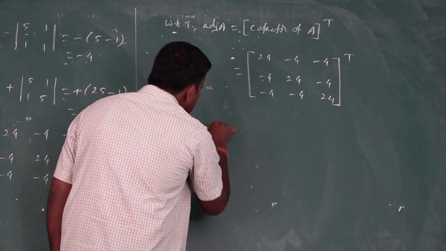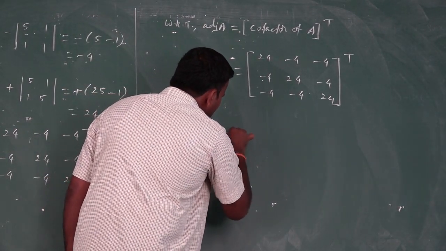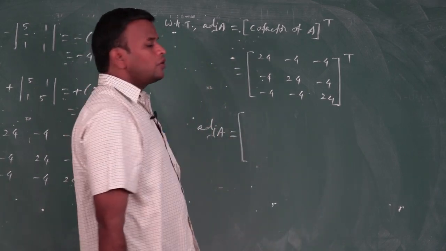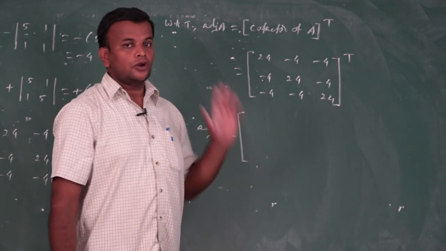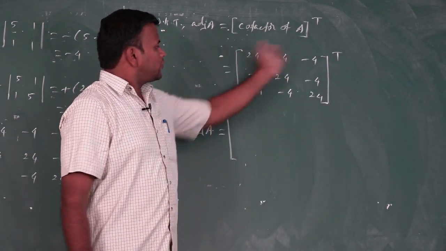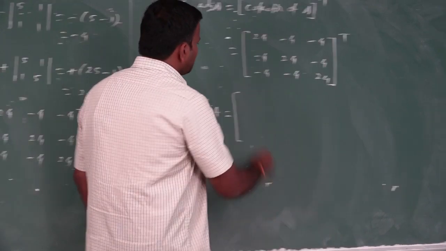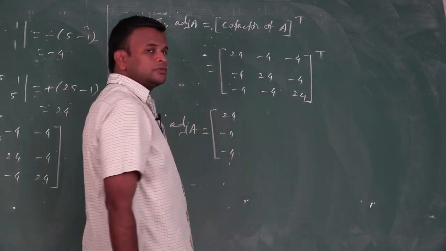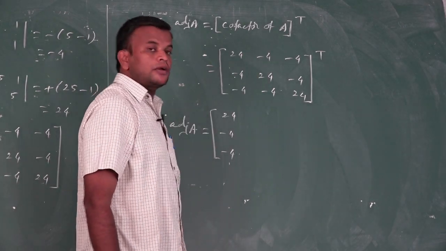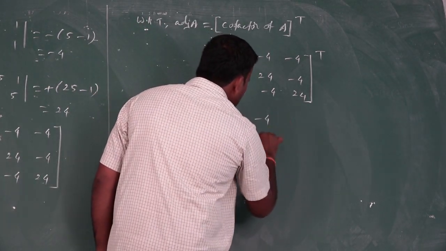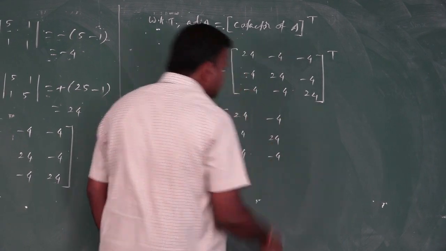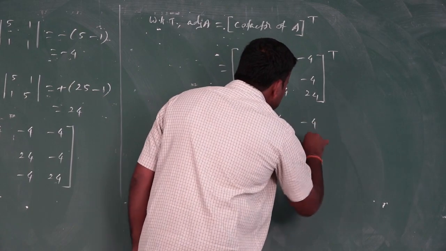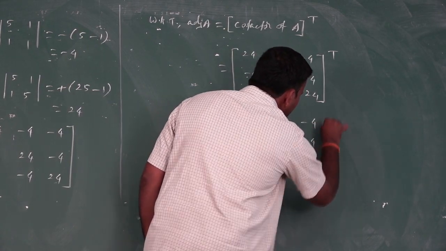So adjoint A is equal to, now we need this transpose. You know very well how to find the transpose. The rows become columns. The first row becomes the first column: 24, -4, -4. The second row becomes the second column: -4, 24, -4. The third row becomes the third column: -4, -4, 24.